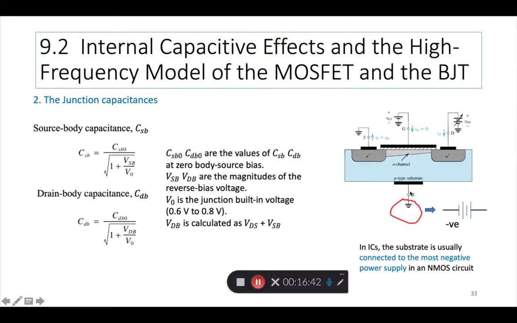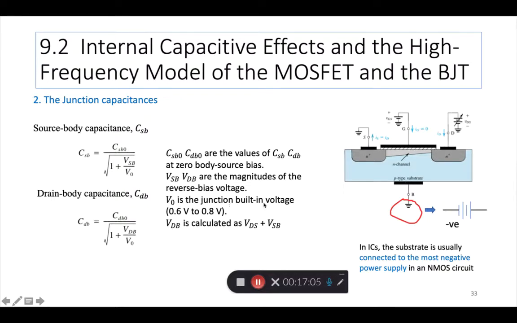That means if the body is grounded, then there is not much there. But generally we know that the body is kept at a negative voltage. If that's the case, then you have to apply this formula. And the denominator has VSB by V0.